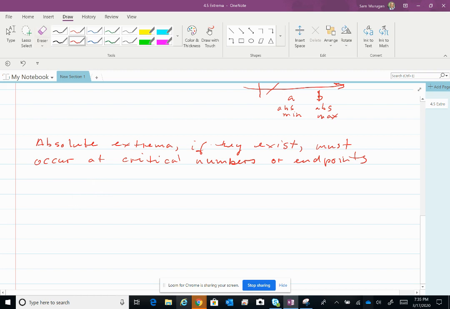So the steps for finding extrema on a closed interval. I'm still getting used to this pen.